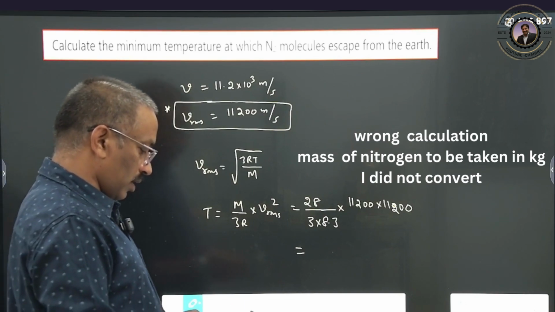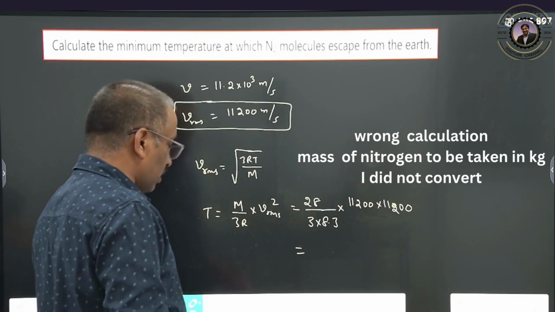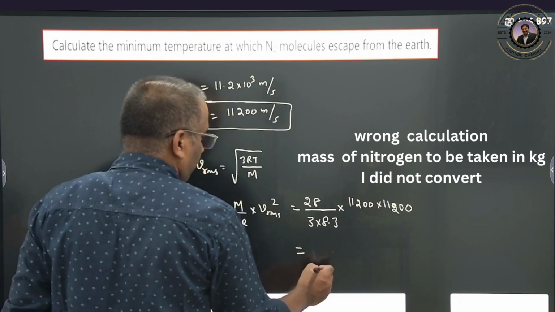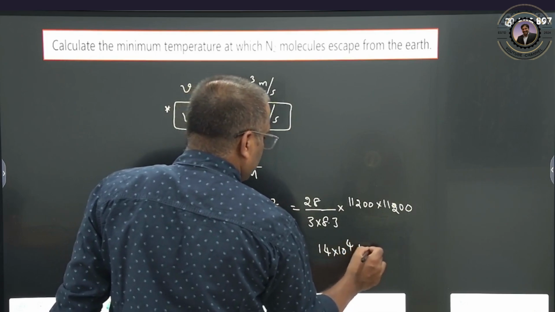Nearly, if you solve this, you will get about 14 into 10 to the power of 4 kelvins.